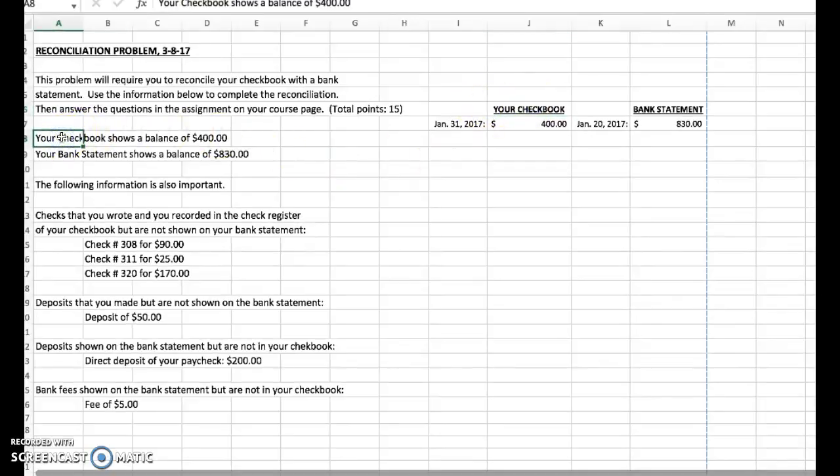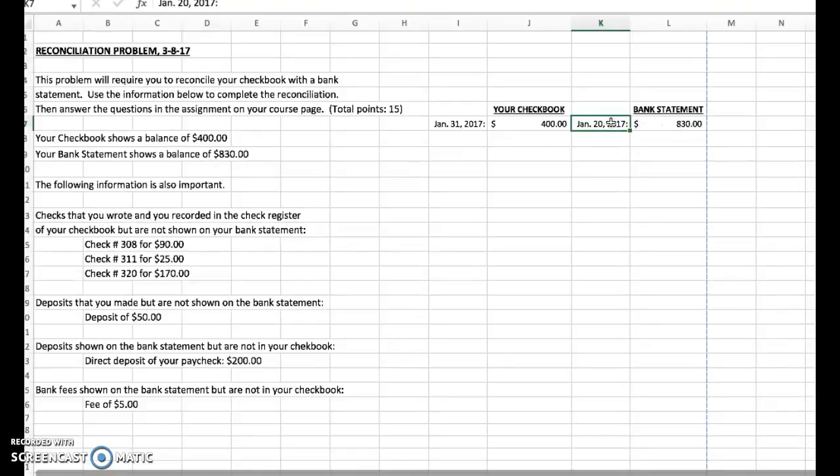Your checkbook shows a balance of $400. Okay? So, your checkbook, let's pretend we're at the end of January. January 31st, you have this balance in your checkbook of $400. This is what you think you have, $400. Now, the bank statement is dated January 20th.